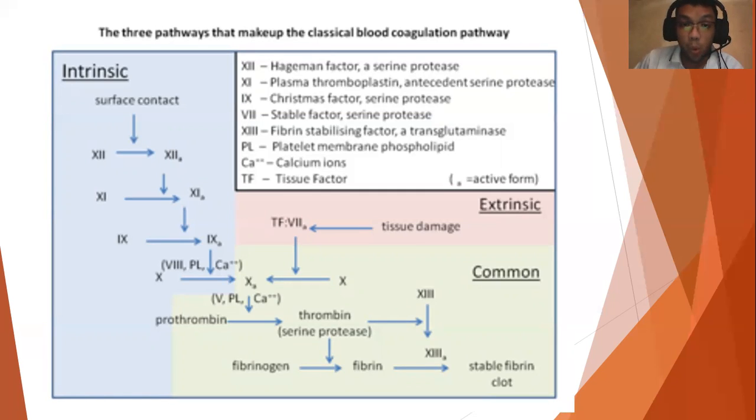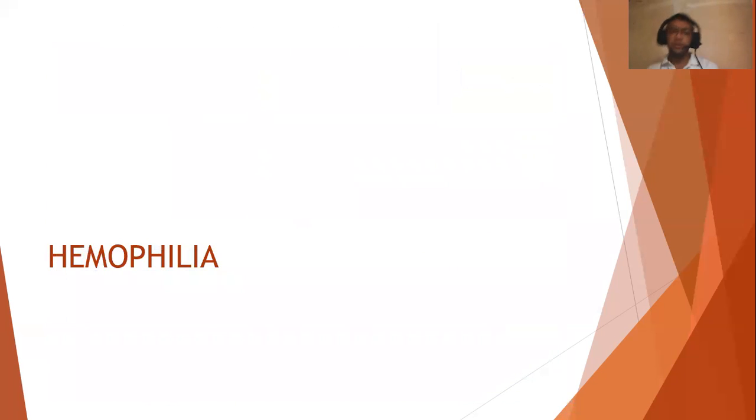If they lack any one of these clotting factors, then that would be a huge problem in forming blood clots if they have experienced any cuts or injury that may cause them to bleed. So we now proceed to hemophilia.